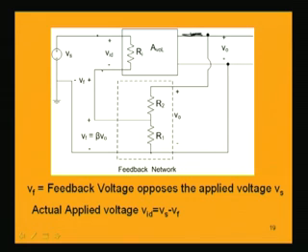If we consider this loop and use Kirchhoff's voltage law, Vs minus VID, where this point is positive and this point is negative, minus Vf equals 0. So VID is equal to Vs minus Vf.